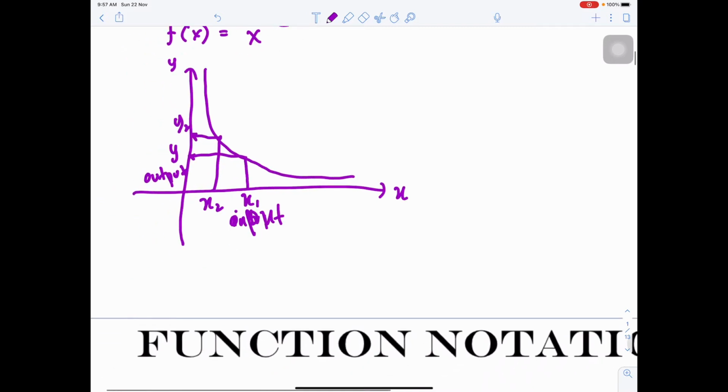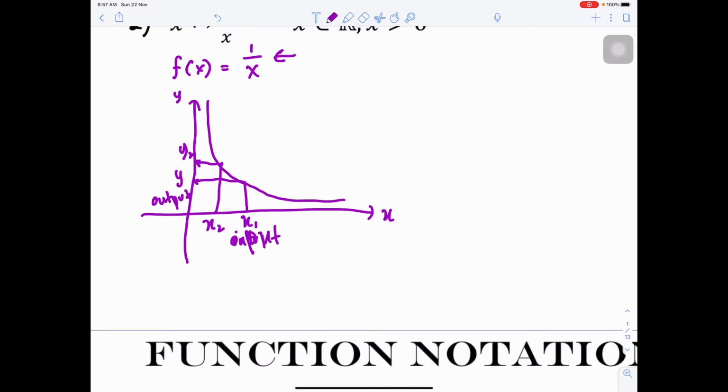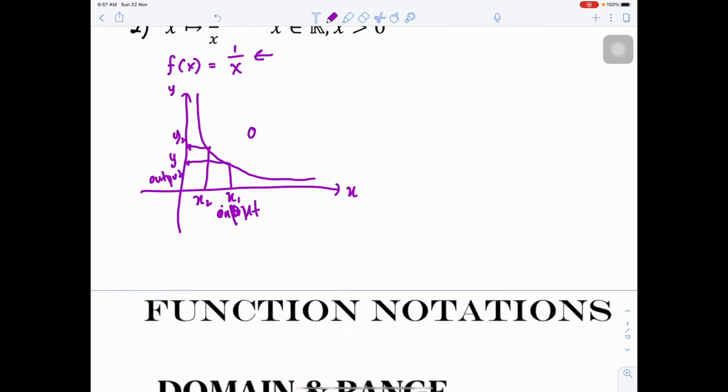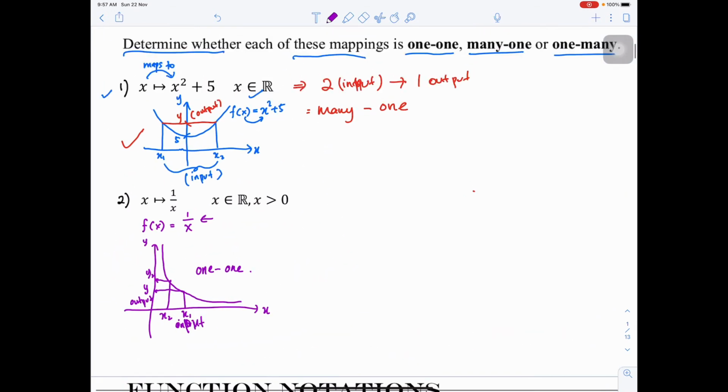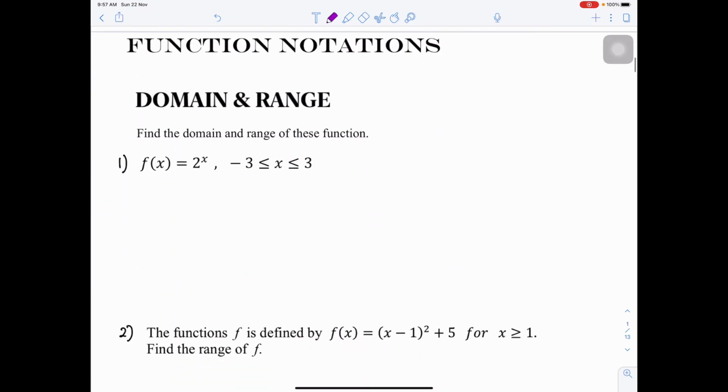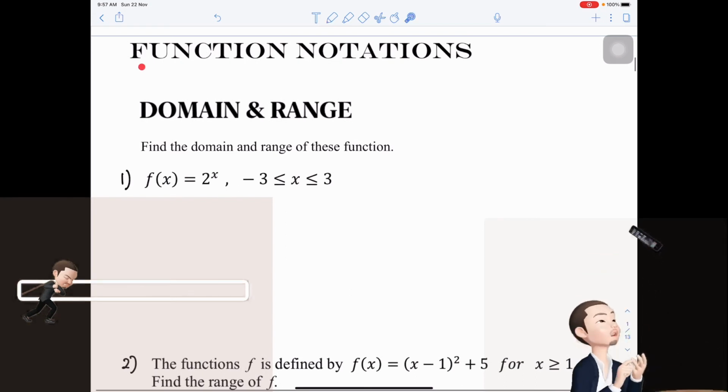So from here we can determine the type of mapping or relation is a one to one relation. This is how we determine which of these three types of mapping or relation it is.